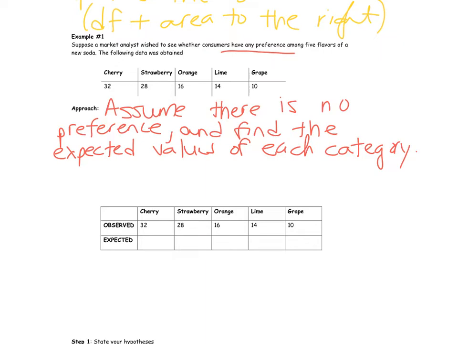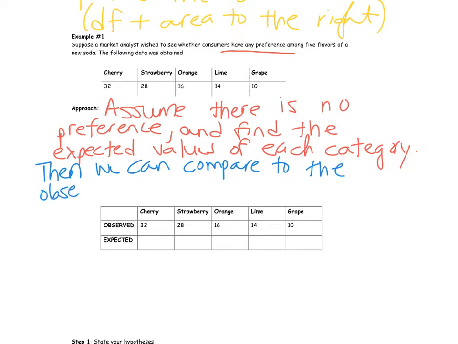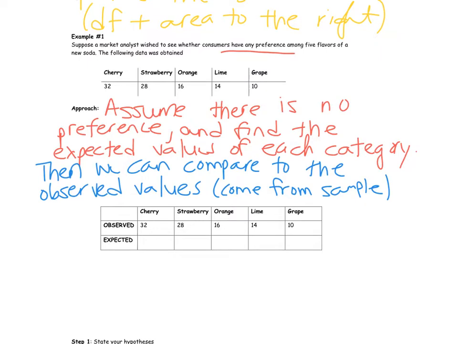All right, and then once we have that information, we can compare it to the actual observations. And we'll call that the observed values. All right, and the observed values come from the sample. And the expected values, we calculate those, all right?